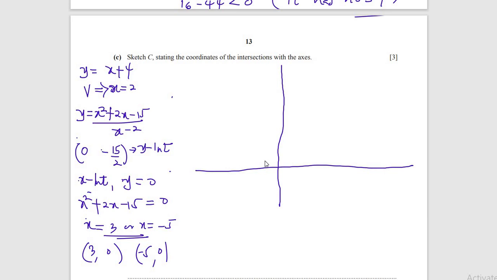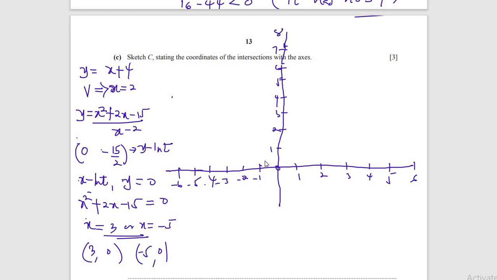We have negative x, 0, 1, 2, 3, 4, 5, 6, negative and positive. For the y-axis, 1, 2, 3, 4, 5, 6, 7, 8.